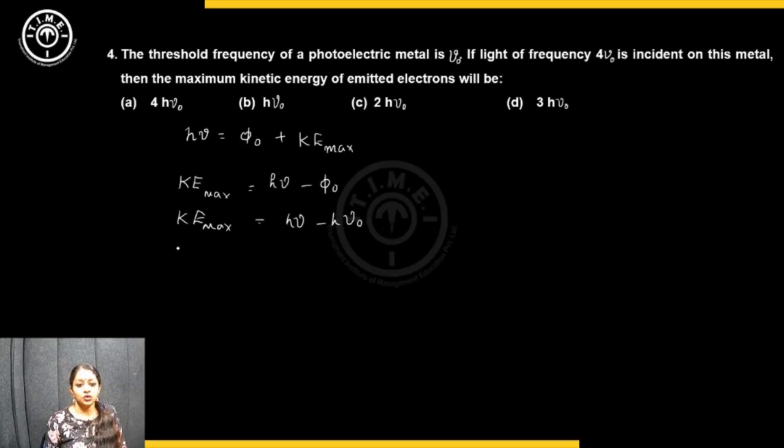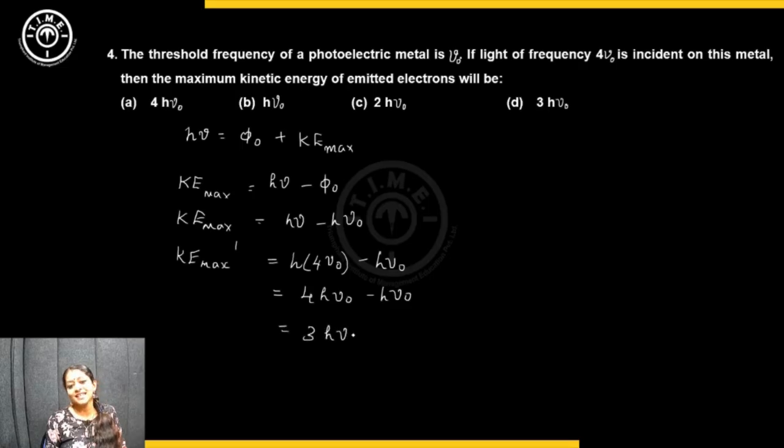When you write the equation for the second case, let it be KE max dash, that is equal to, in place of nu, now you have to substitute 4 nu 0. For the second case, the frequency of the incident radiation is given as 4 nu 0. So what will you get over here? Yes, 4 h nu 0 minus h nu 0. So the answer for this question is 3 h nu 0. So that is option D.